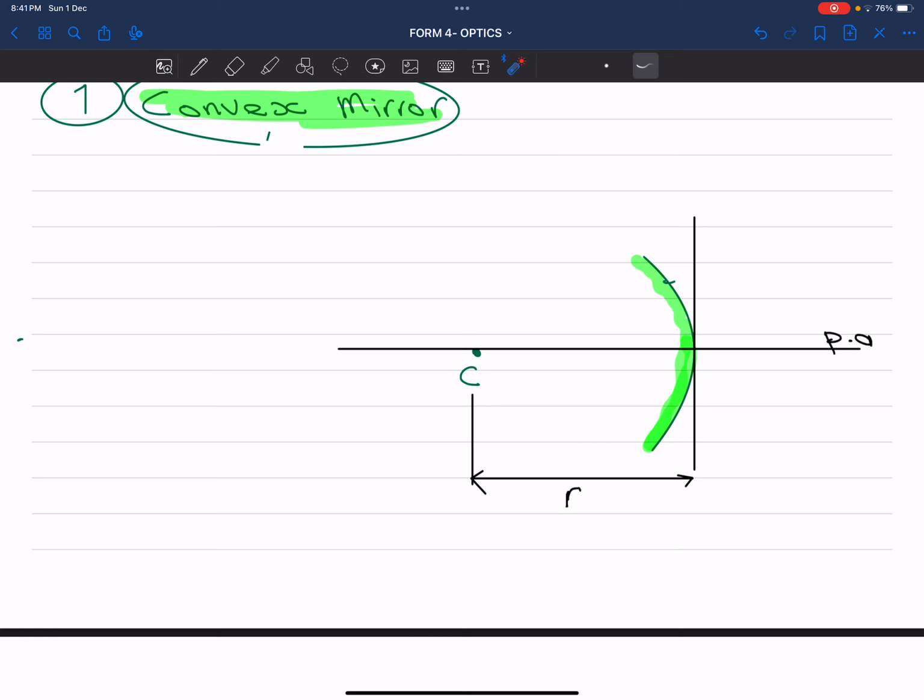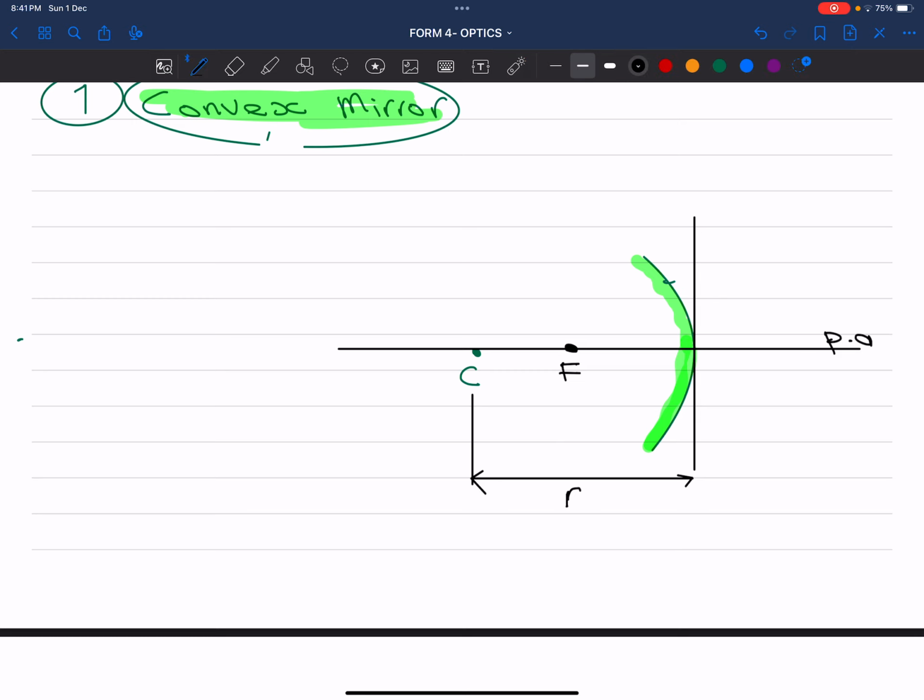So the distance between C and the vertical line representing the convex mirror is the radius R. Okay, next, we have a point on the principal axis which we call the focus point, capital F.